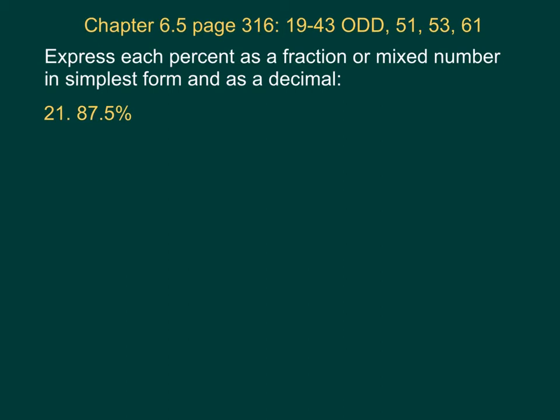Question 21 asks us to do the same for 87.5%. So this time we convert 87.5 over 100. We can't have this little decimal point in a fraction, so the way to get rid of it is to multiply the top and the bottom by 10.